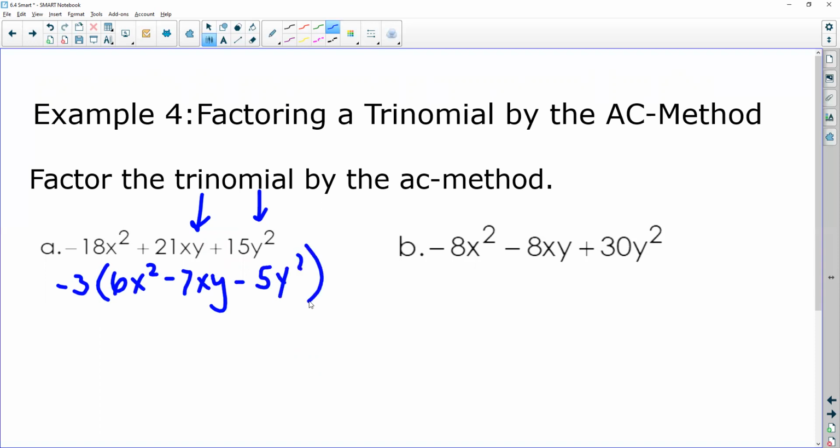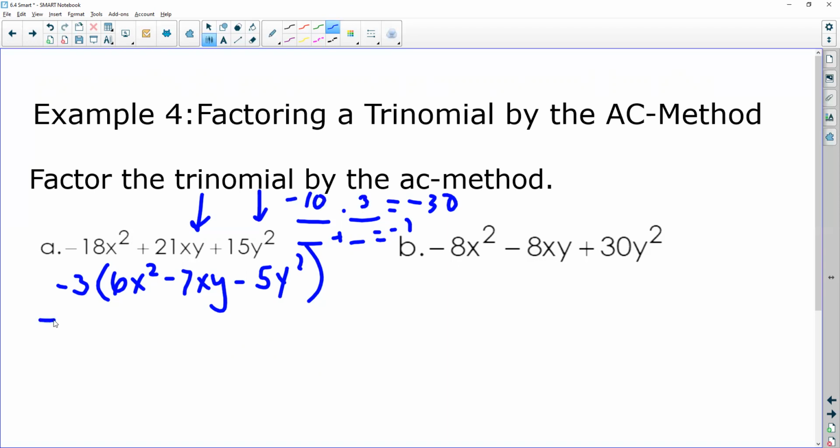Okay, well, now I need to multiply. I need two numbers that multiply and make negative 30 and add and make negative 7. So let's see, I think it's negative 10 and 3, right?